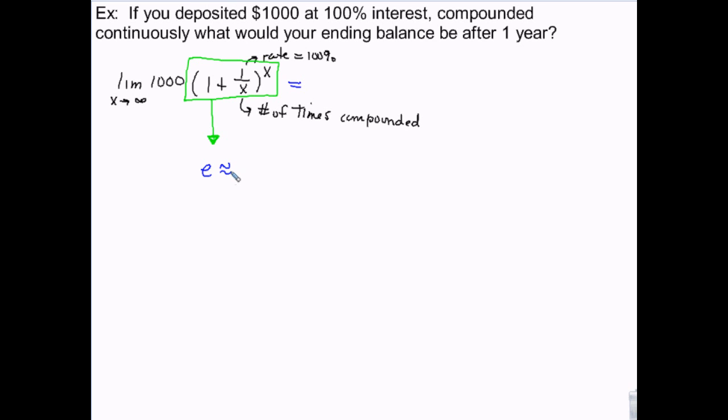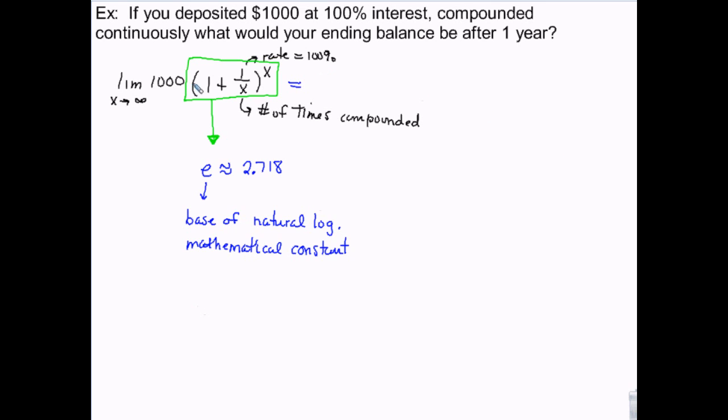It's about 2.718, and then it has more digits, but it's like pi in that we just round it and use 2.718. It's a mathematical constant.